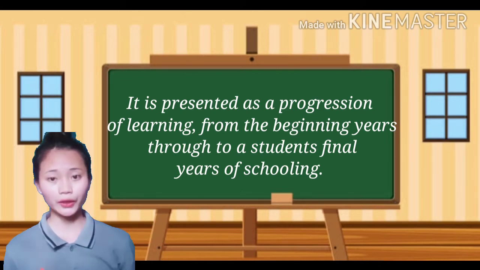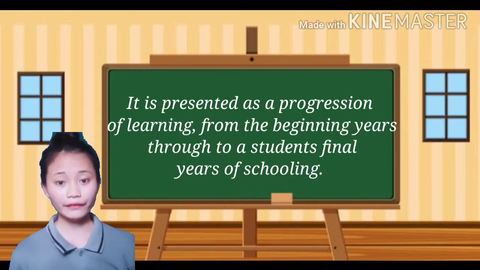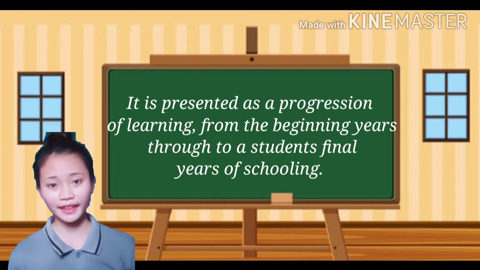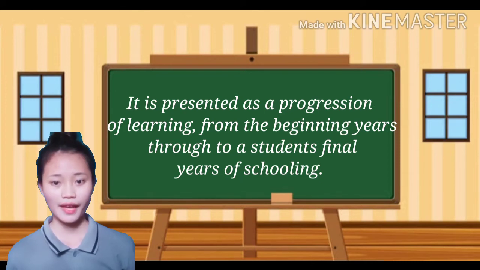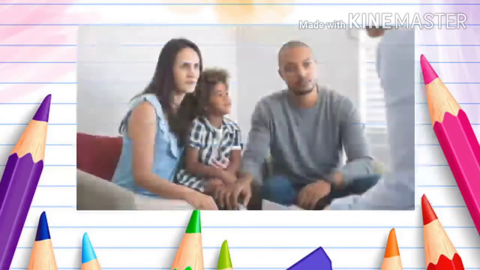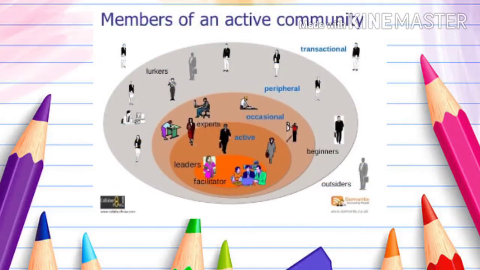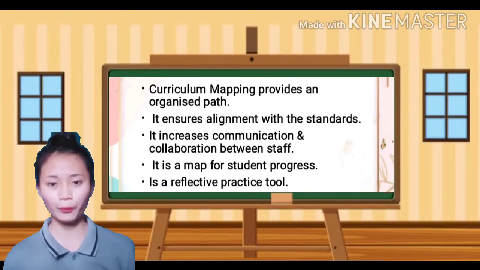You aren't going to teach kindergarten students algebra when they don't even know their whole numbers yet. And senior high school students don't need to be assessed on letters and sounds. The outlining of this progression allows teachers, parents, students, and members of the wider community to know what is to be taught and when.